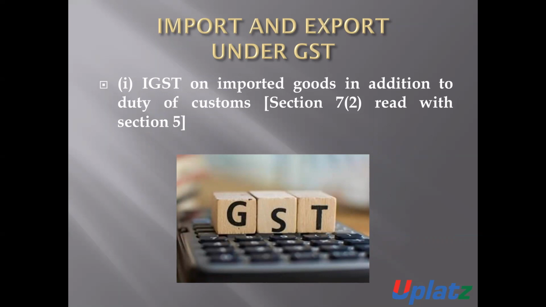When there is the importation of goods, then the basic custom duty is applicable. So the IGST is levied on the imported goods in addition to the basic custom duty.